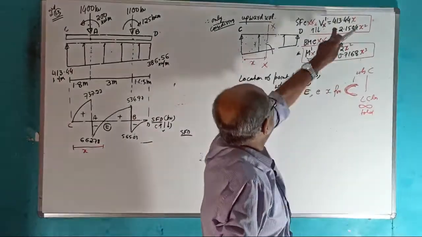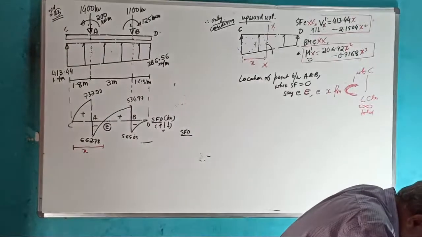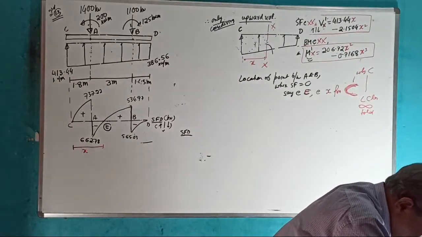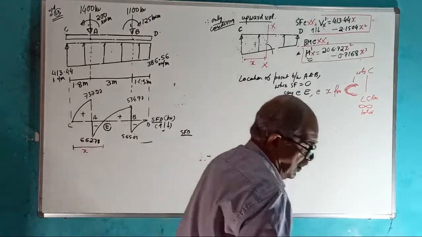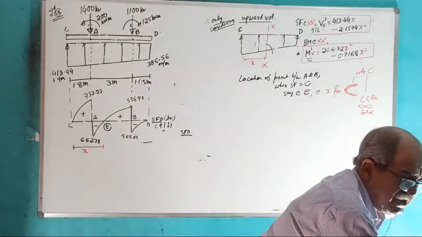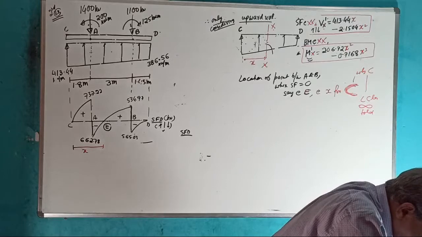If I want to use this equation, your x should be from C. Clear or not clear? Later you can find from here if you want. Originally x should be from C. You have to take x from C only.